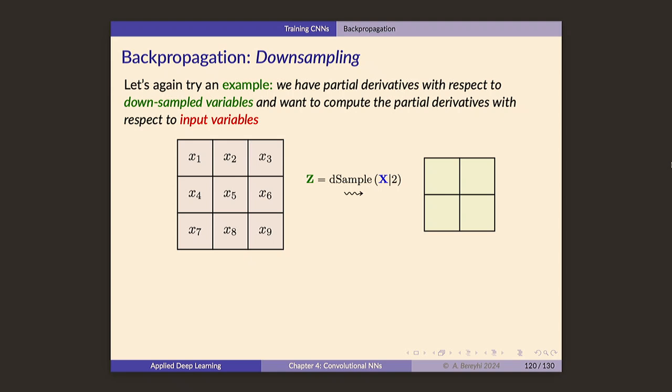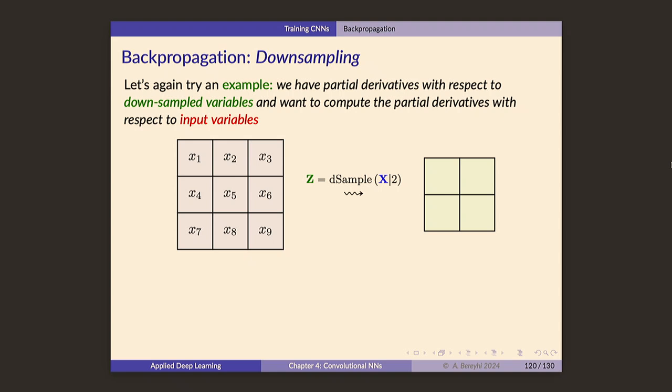So if, for example, I have an integer stride, say 2, this is equivalent to having a convolutional layer with a stride 1, and then giving its output to a downsampling with factor 2, right?